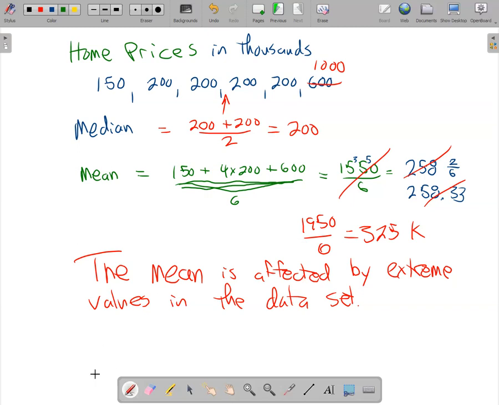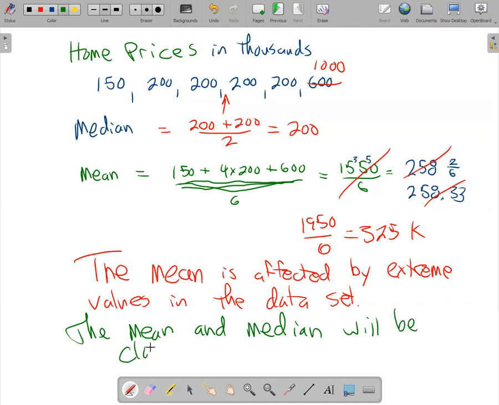So another side note, the mean and median will be closer together if the data is symmetric. And we'll see some examples of symmetry later.